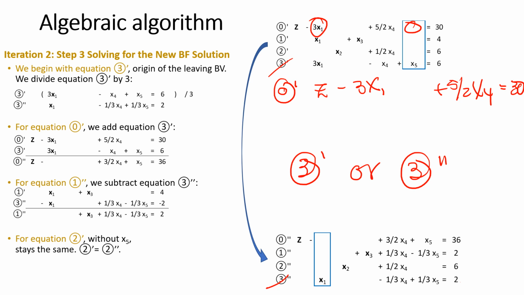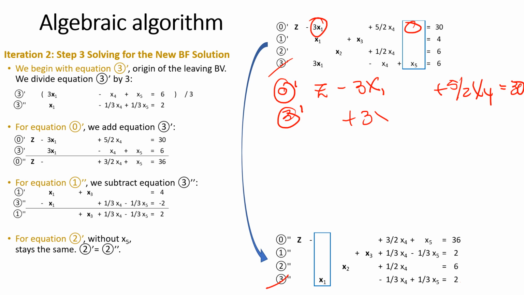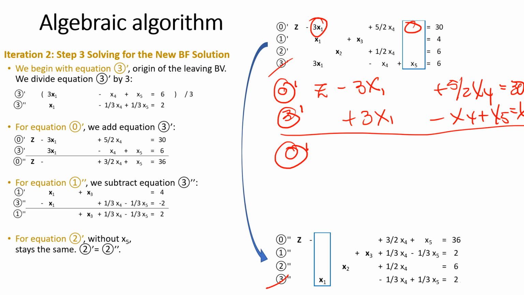That means if we add equation 3 apostrophe here directly, we're going to have plus 3x1 minus x4 plus x5 equals 6. So let's add, and what we're going to have, our equation 0 double apostrophe, is going to be 0.